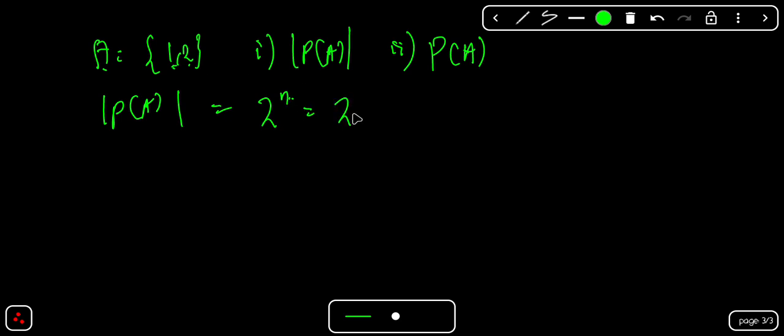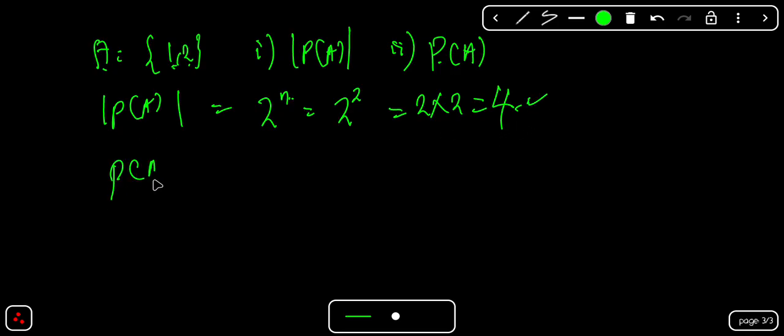That is 2 raised to the power of 2, which is 2 multiplied by 2, and that gives us 4. So the cardinality of the power set of A is 4. That is, when you find the power set of A, you must get 4 subsets.